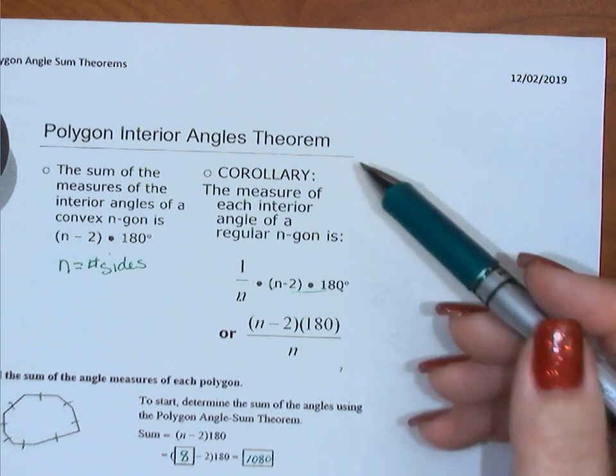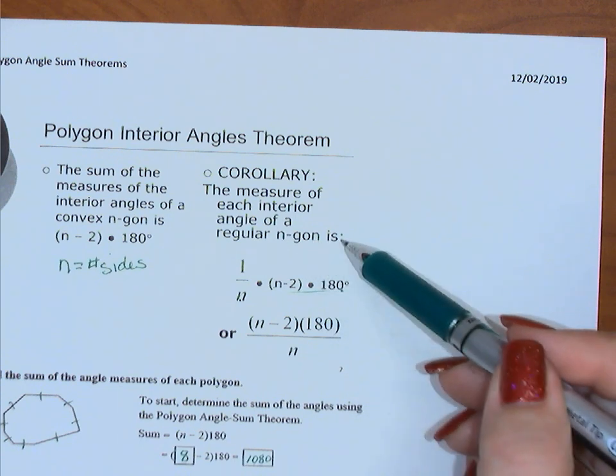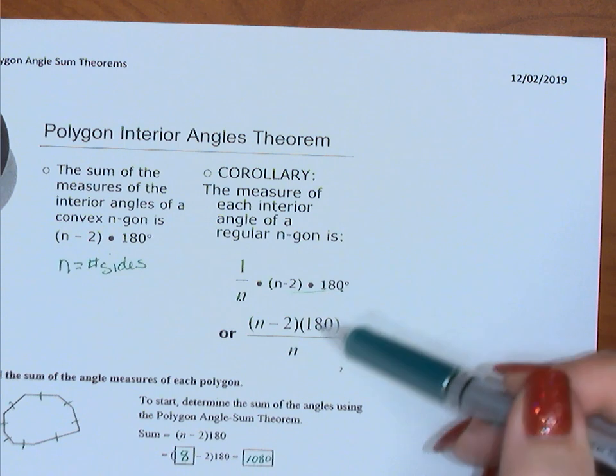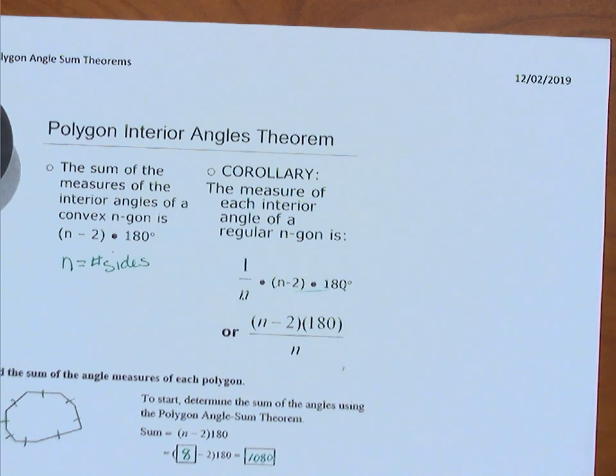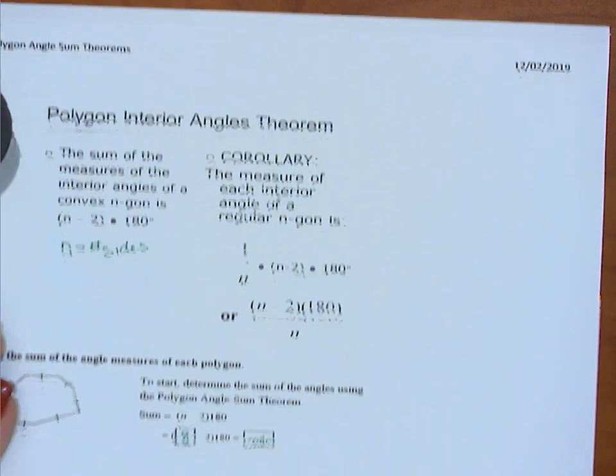So the measure of each interior angle of a regular n-gon or polygon with n number of sides is 1 over n times n minus 2 times 180 degrees, or this formula, whichever way you want to write it. We're going to use it like this because it's cleaner.